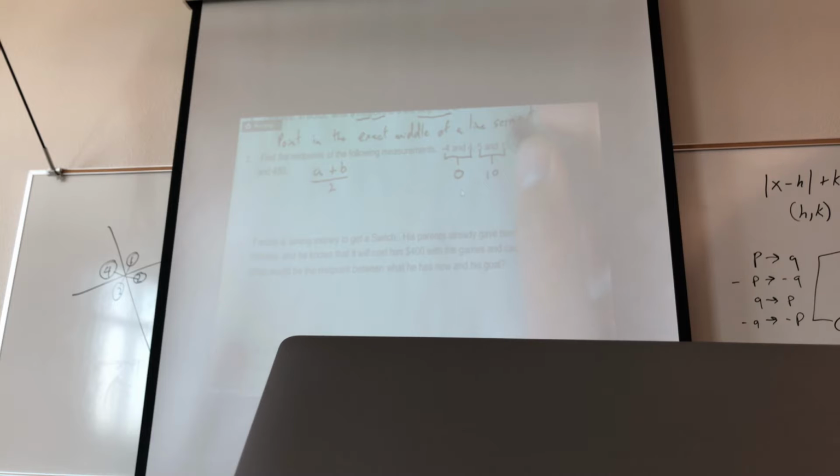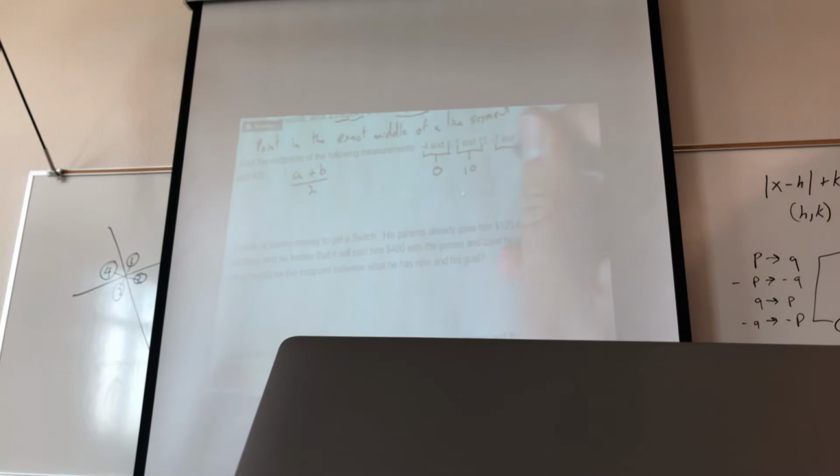On the third one, I don't blame you if you can't figure this one out immediately. -7 plus 22 is going to give us 15. So then when we take 15 and divide by 2, we get either 15 over 2, 15 halves, or 7.5.